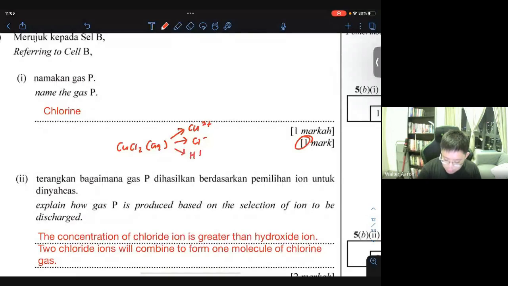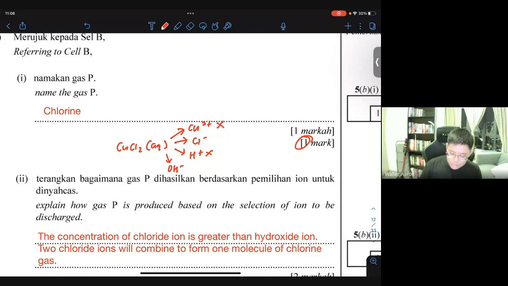We'll also have hydrogen ions and hydroxide ions from the water. Of course, we don't look at the copper and hydrogen ions because they are cations, positively charged ions that are going to be discharged at the cathode. But now we're referring to the anode.